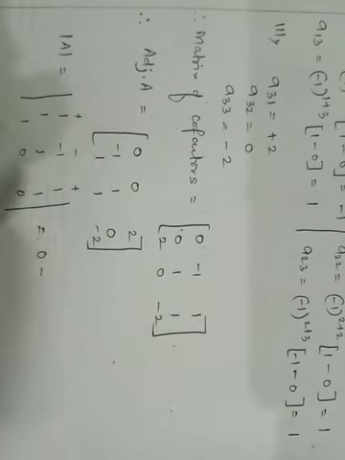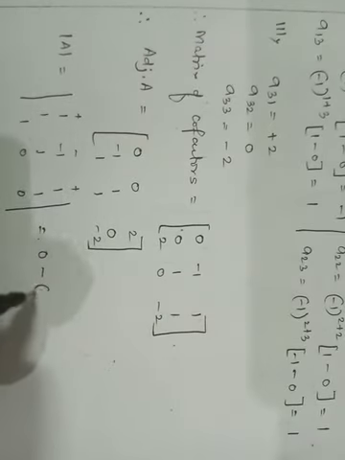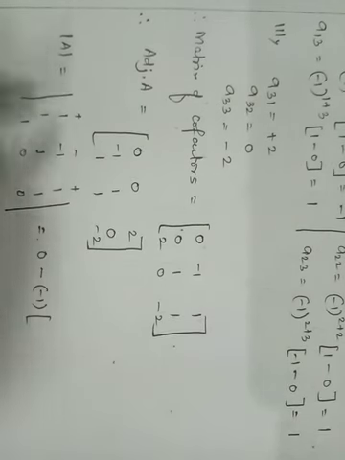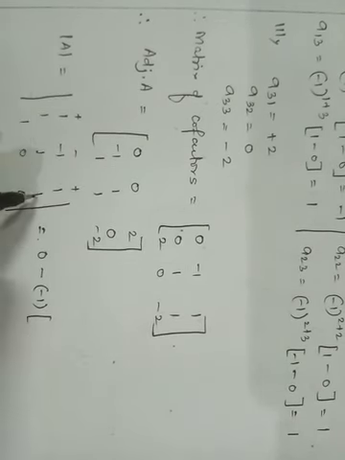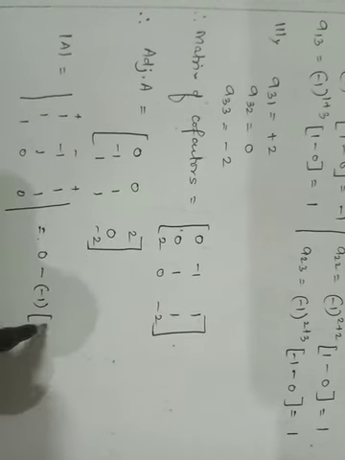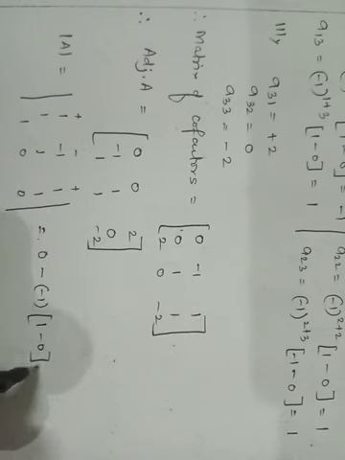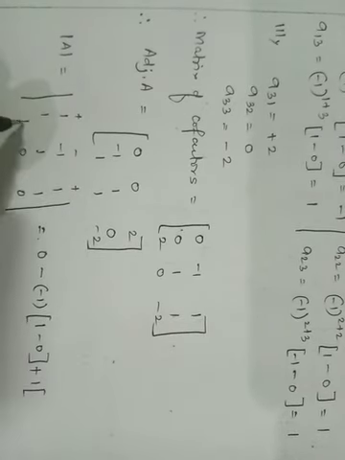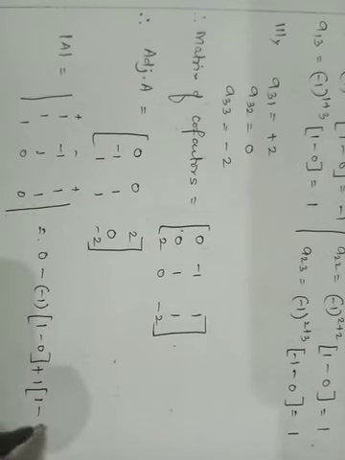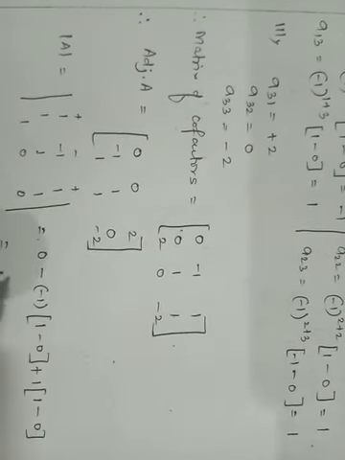Now minus, this minus I have taken into consideration, minus 1 into, I'll be getting 1 into 1 is 1, 0 into 1 is 0, so it is 1 minus 0, plus this 1 into 1 into 1 is 1, minus 1 into 0 is 0, so it is 0.